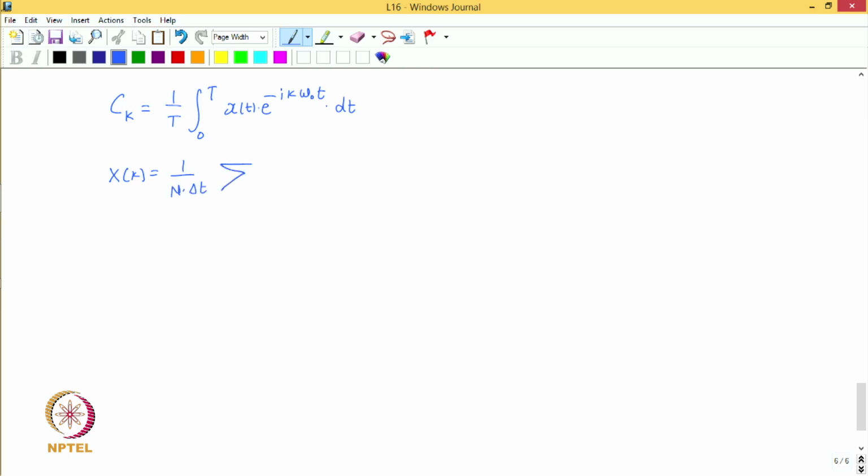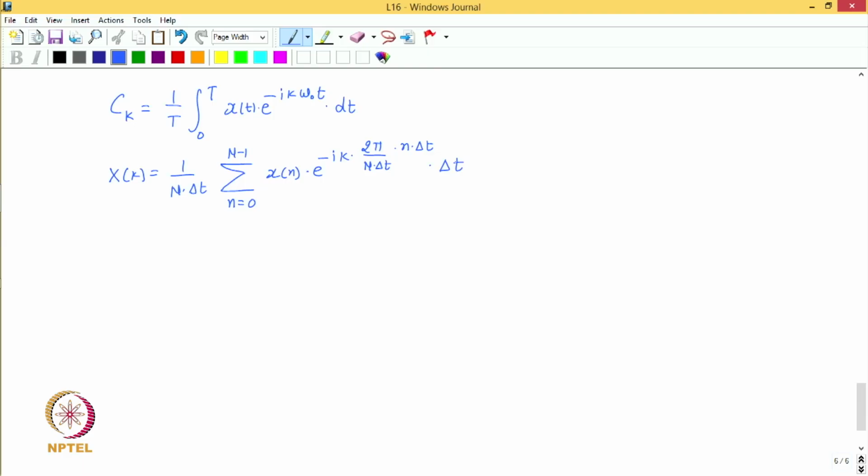Integration is replaced by summation over the samples from 0 to N minus 1. x(t) would no longer be a continuous signal but a discrete signal, so we represent it by x[n], into e to the power minus i k omega naught, where omega naught is 2 pi upon the time period T, and the time period T is N into delta t. Small t is the discrete time instant, which is nothing but small n into delta t, and dt is nothing but the finite time step delta t.